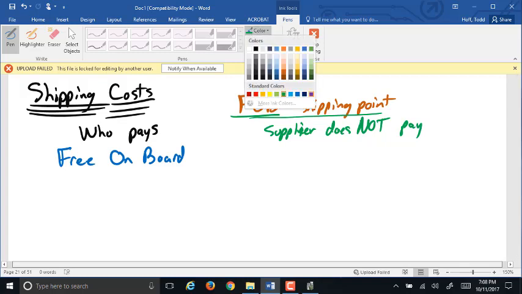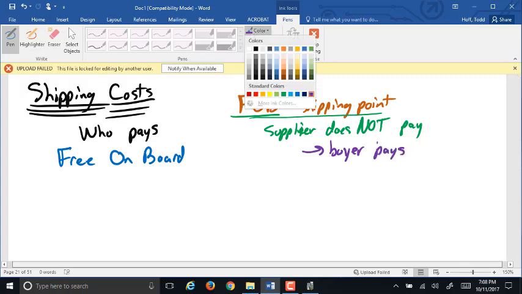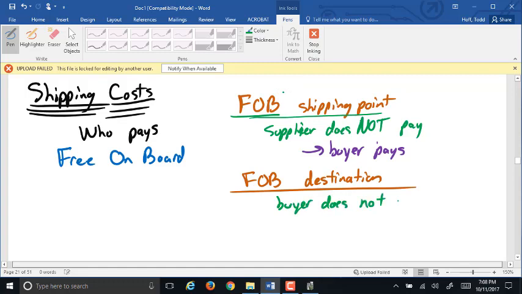So by default, who pays? The buyer pays. FOB destination. Well, the destination is the buyer. So that means the buyer does not pay.